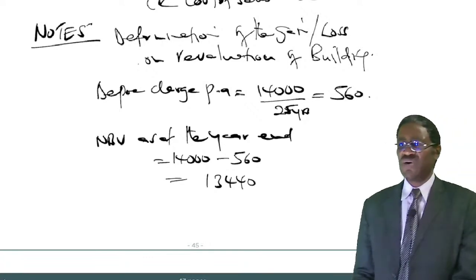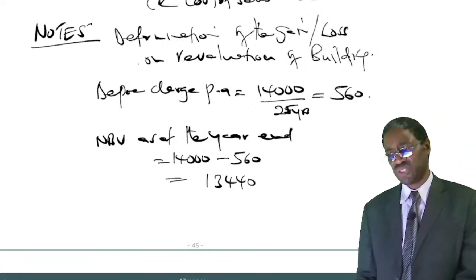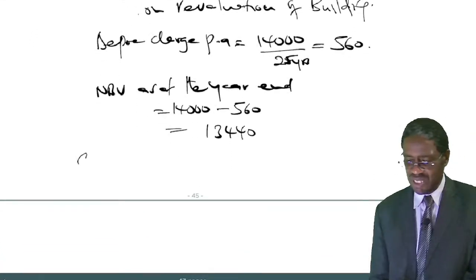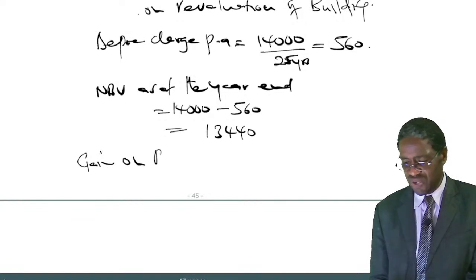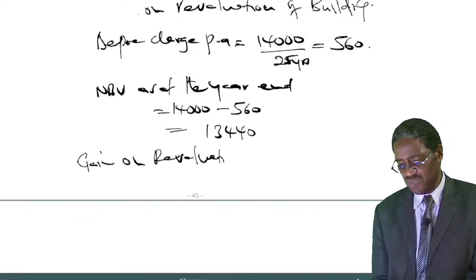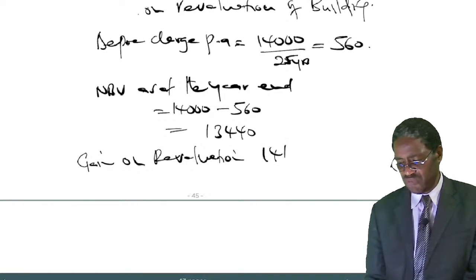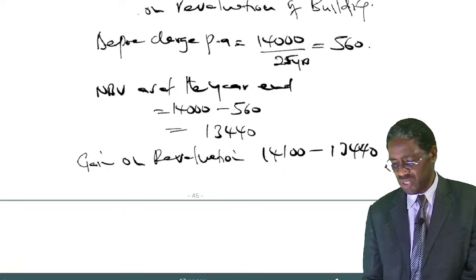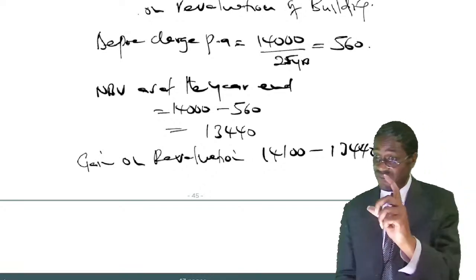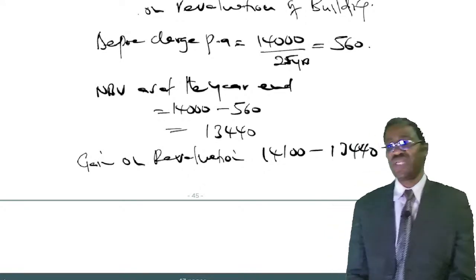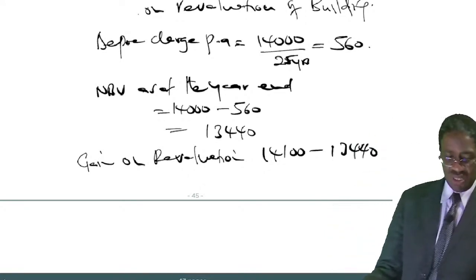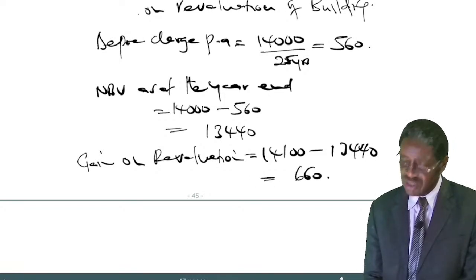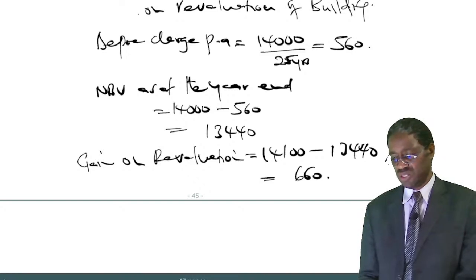Once you know that, you can compare this 13,440 with the fair value. That looks like a gain. So you come and say gain on revaluation. This will be 14,100 minus 13,440. We have taken 14,100 because that's the fair value by the end of the year. We minus 13,440. We have just seen a short while ago that it was 660.